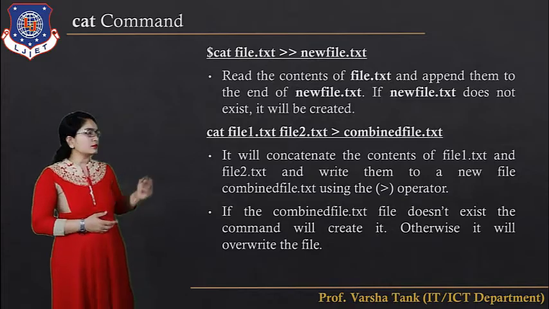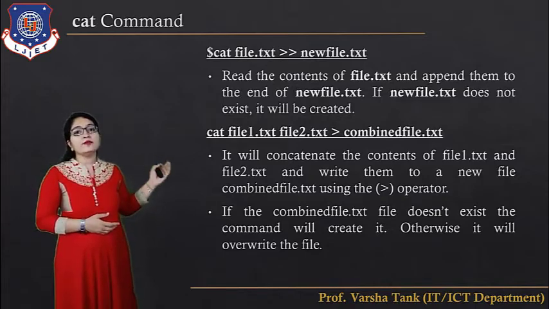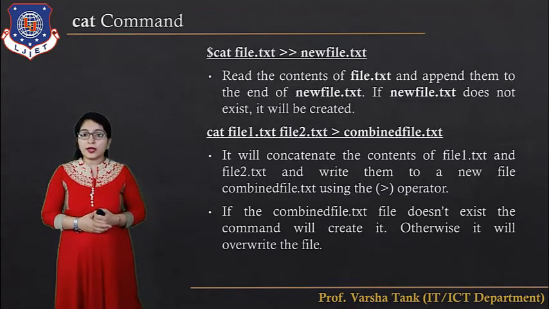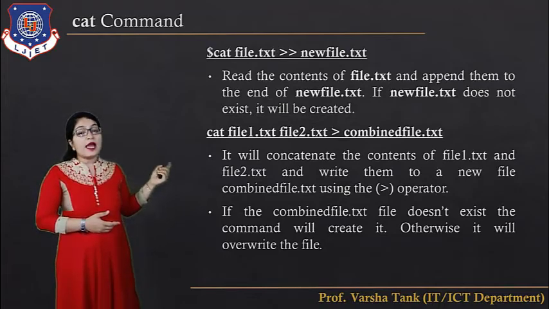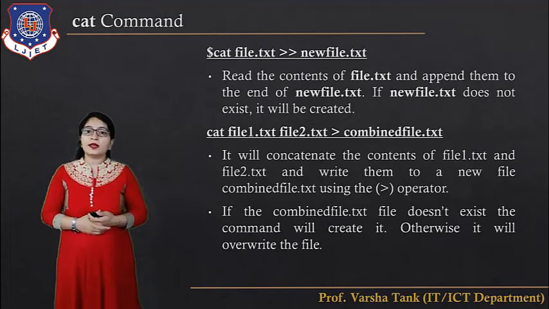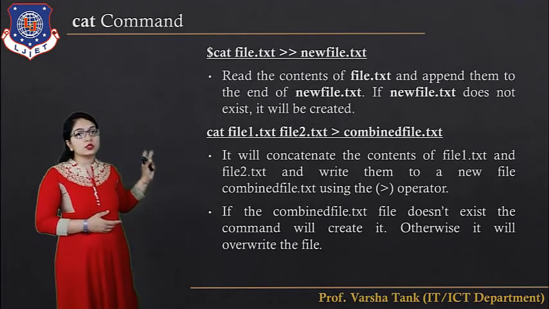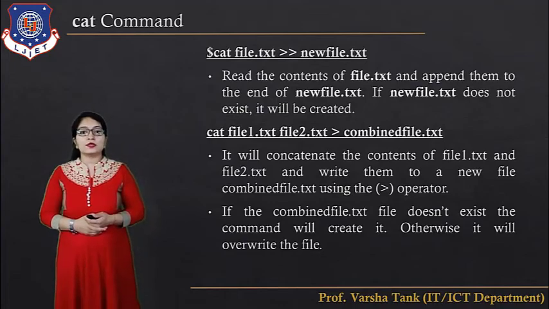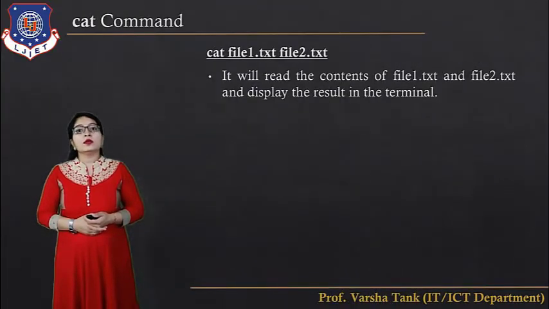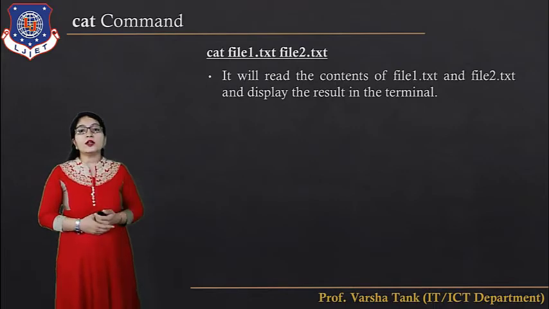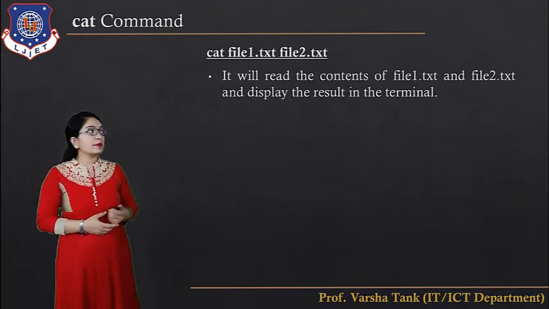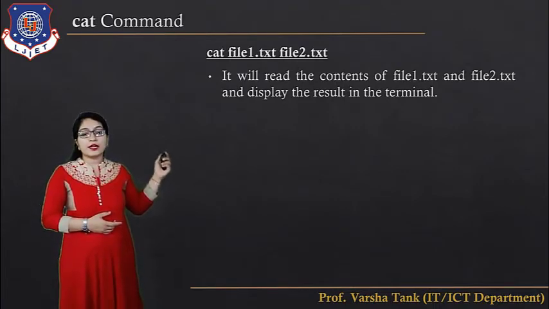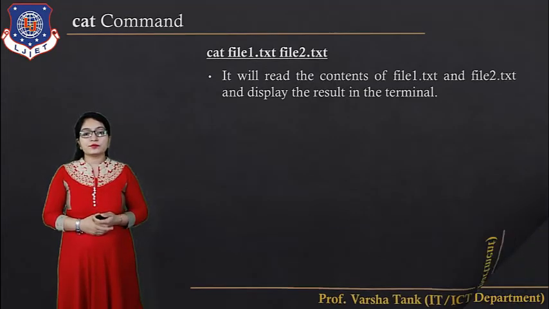If combined file.txt does not exist, it will create it, and if it exists, it will write the content of the two files, file1.txt and file2.txt, into that file. And cat file1.txt file2.txt will display the content of these two files.